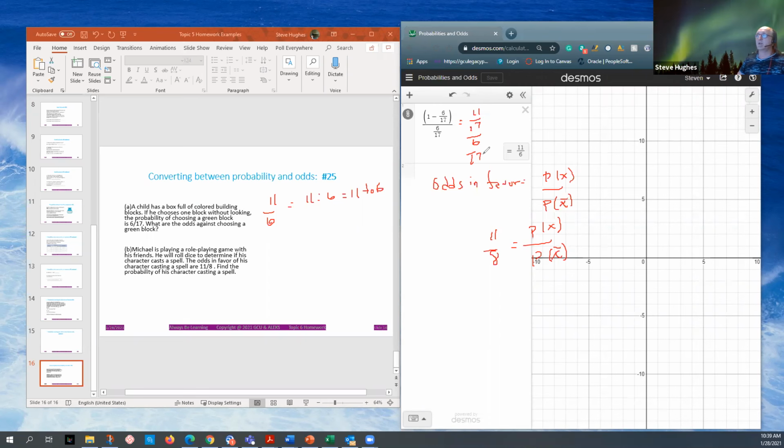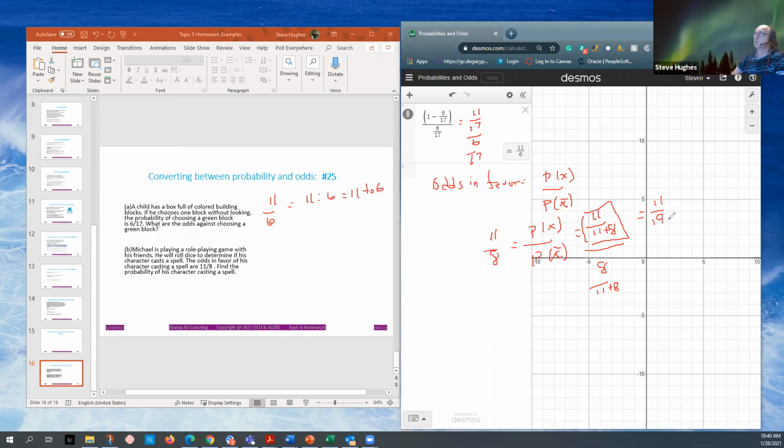So if the sum of the two is the denominator of the probability, then the probability is in the numerator, that is 11. So the answer is 11 over 11 plus 8. And the other one would be 8 over 11 plus 8. This is what I'm looking for right here, my probability, which is 11 over 19.